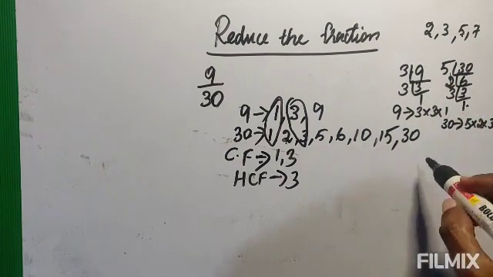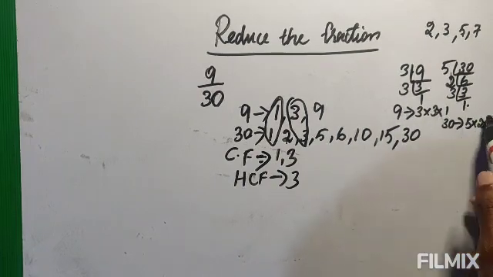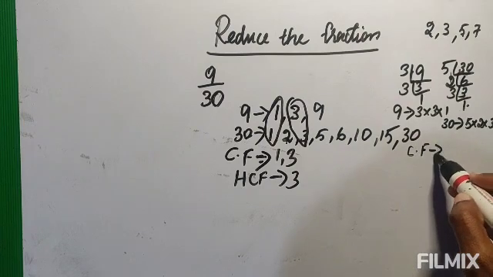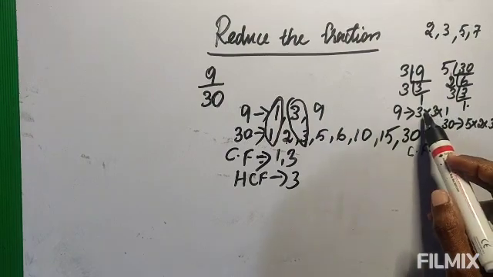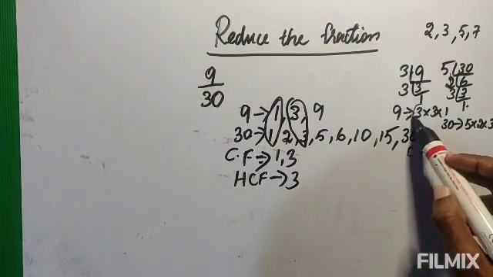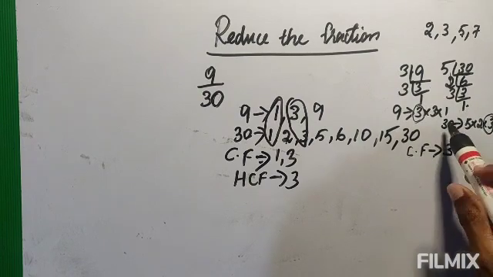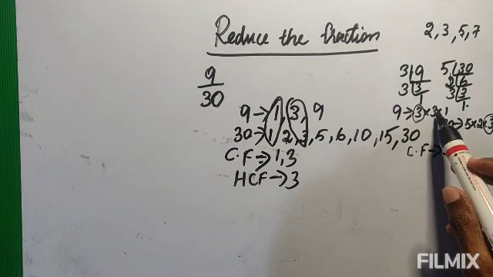Now see here, for 9 and 30, these are the prime factors. Now take the common factors and write them. Only the common ones you will write. So what is common here? 3 is there. For this 3, here is a 3, so you can write 3. But for the other 3, there must be another pair here, then only you can write it.